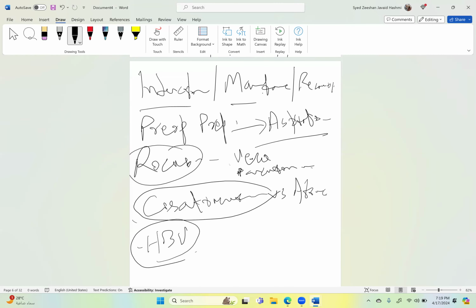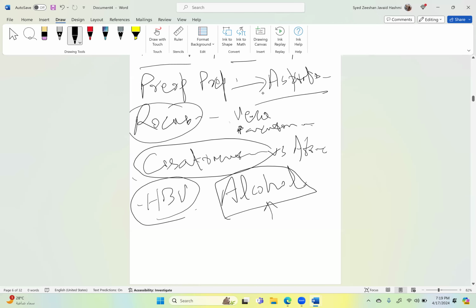Another thing which I did not mention is alcohol, because in the Western world, a number of times the reason for liver disease is alcoholic liver disease. But in our part of the world, it is there, but hepatitis C and hepatitis B are more common. Remember one thing, your point is valid, but I don't think it's that important.